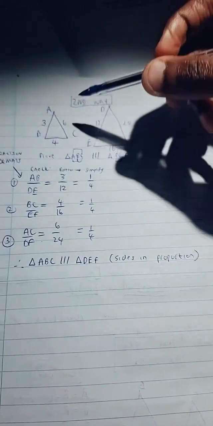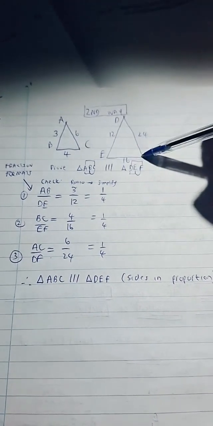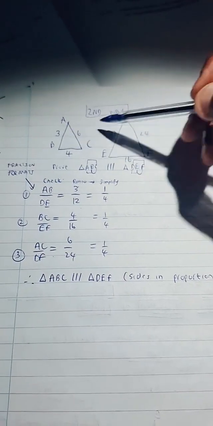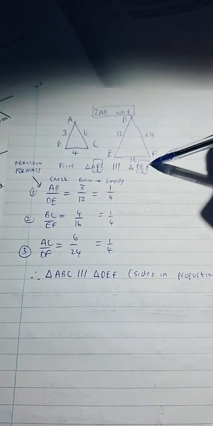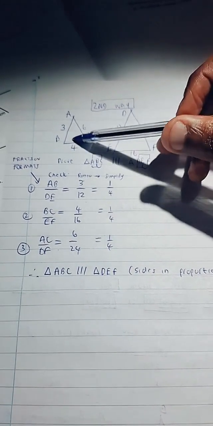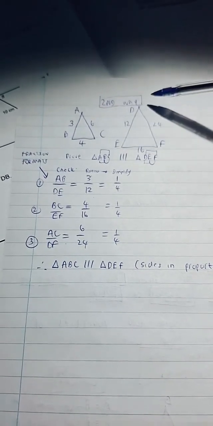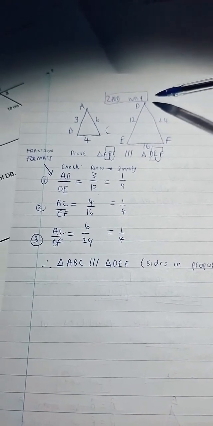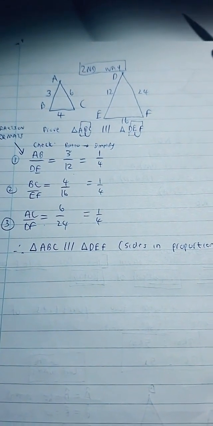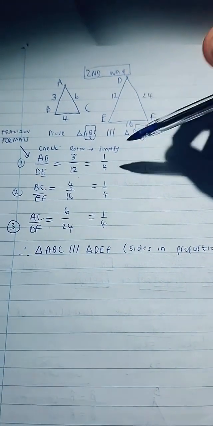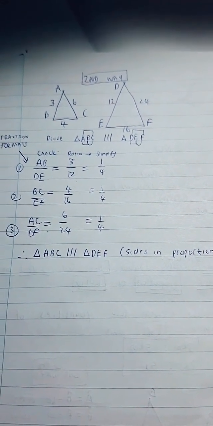So in other words, these angles can be equal respectively, this angle equal to that angle, but the sides are not equal. They are in the same proportion or ratio. And this is how we go about proving similarity of triangles.